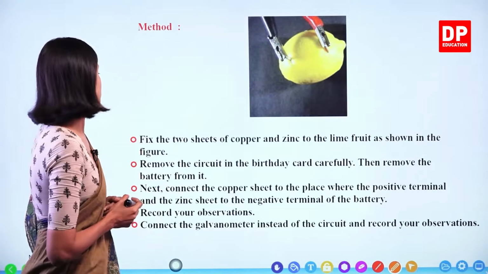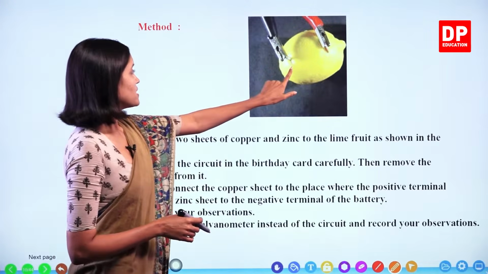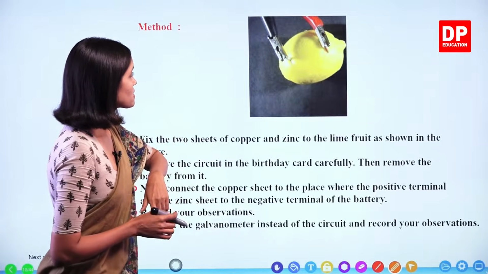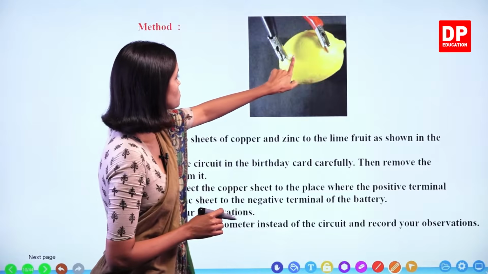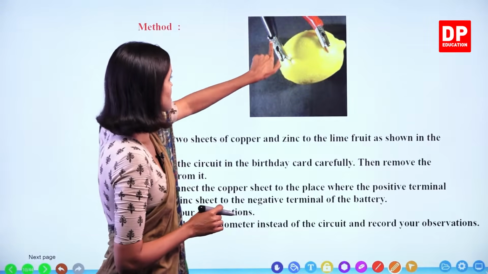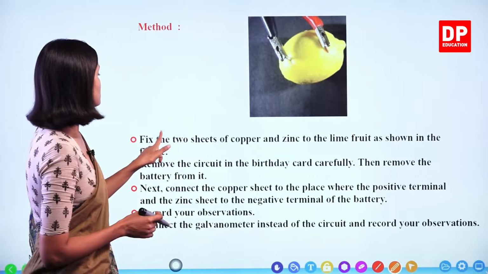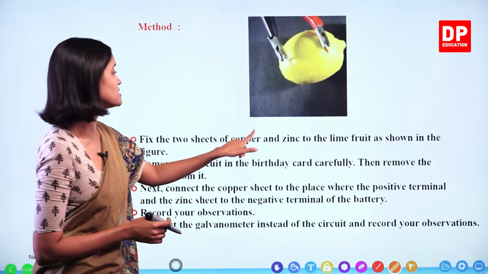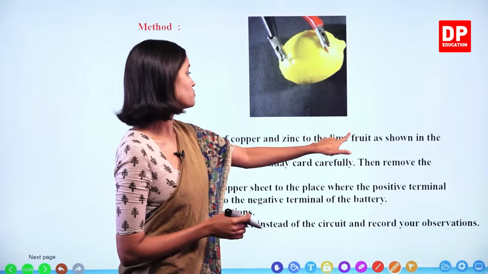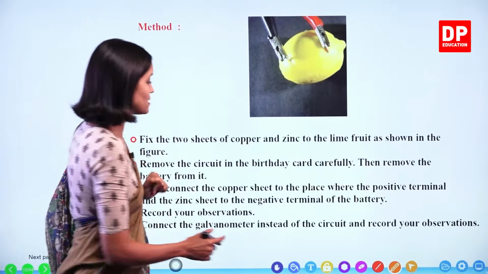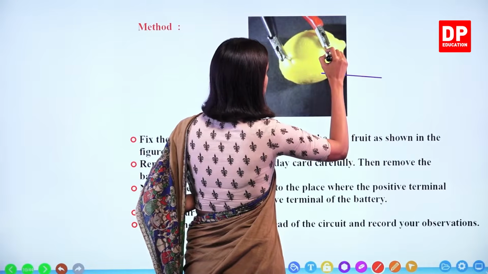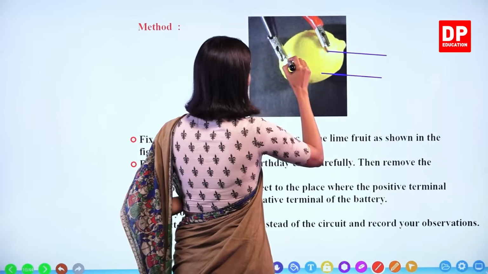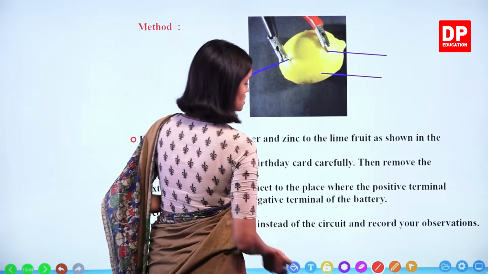Look at the method. You can see this is the lime fruit. If you observe carefully, you will see these two sheets are connected with these clips, right? Fix the two sheets of copper and zinc to the lime fruit as shown in the figure. We will label this one now. This is the lime fruit. This is the copper sheet. This one is the zinc sheet.